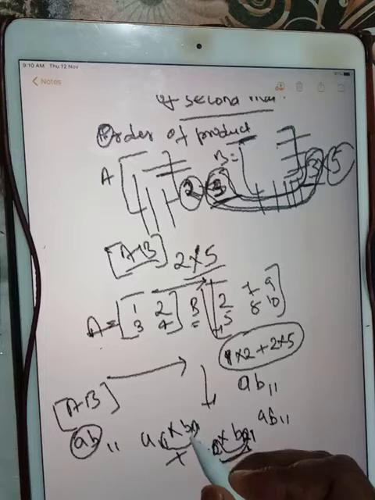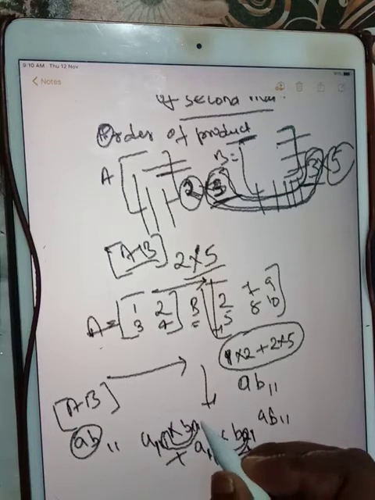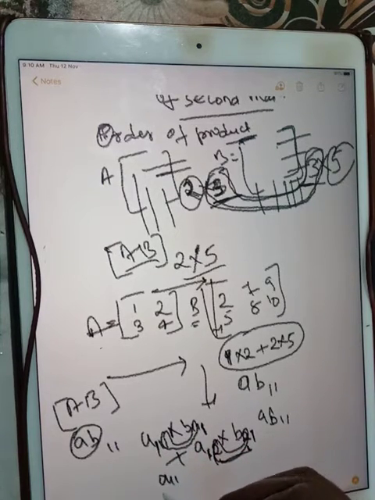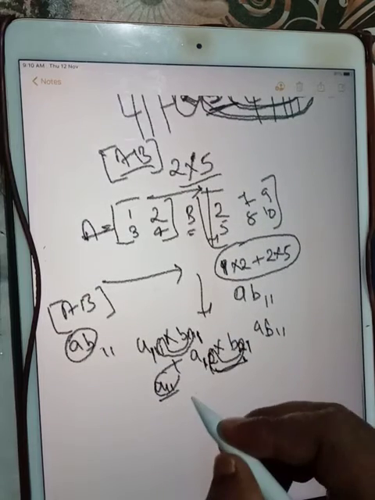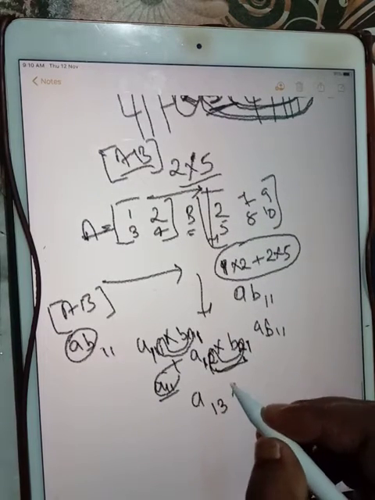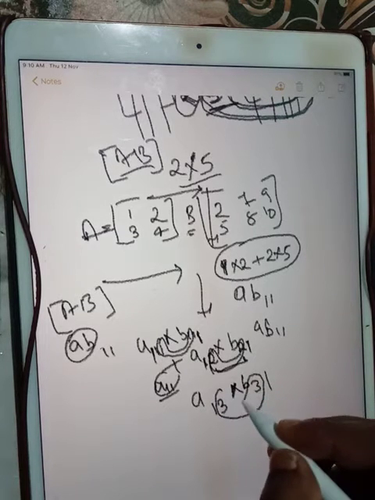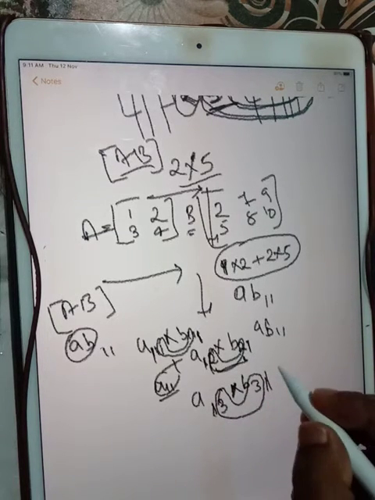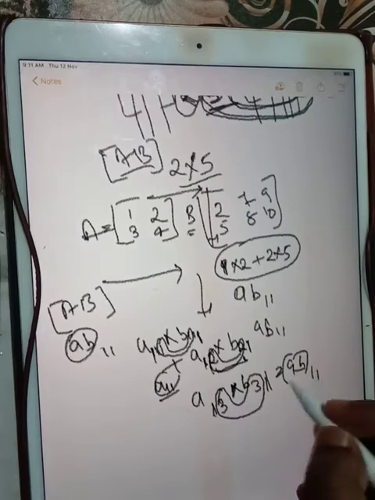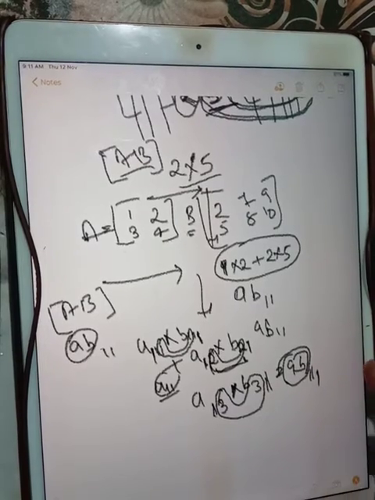If you are given A13, then multiply with B31, and that gives AB11. This is just for your reminding purposes.